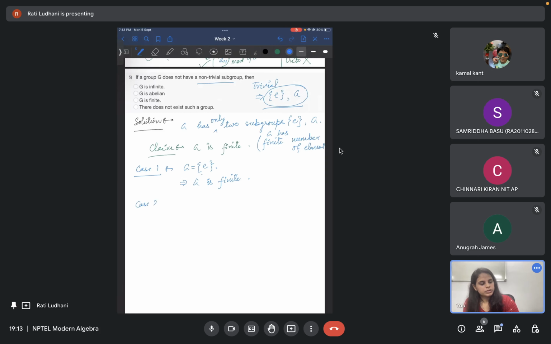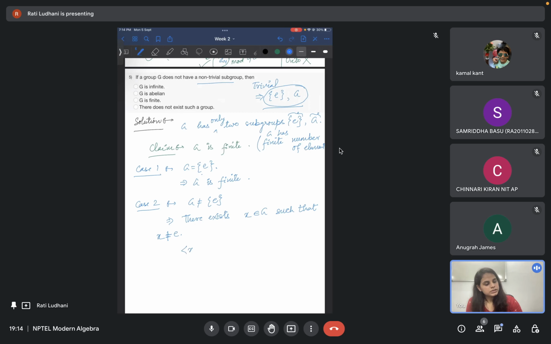Okay, now come to case 2. G is not equal to identity. Now assume G is not identity. What does this imply? There exists x in G such that x is not identity, some non-identity element. Now you know that there are just two subgroups.